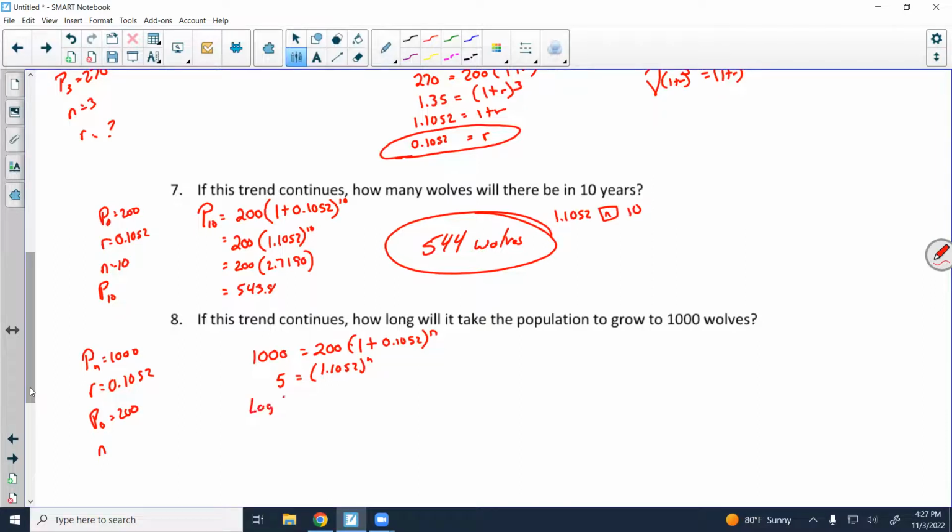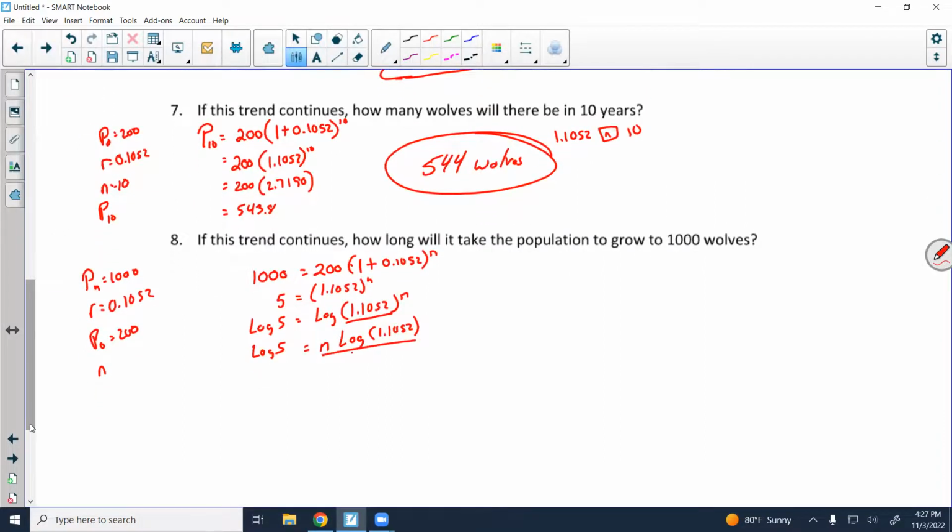So the log of 5 equals the log of 1.1052 to the nth power. Now, if I have the log of a number to a power, I can actually write that as n times the log of 1.1052. This stays the same. Okay?